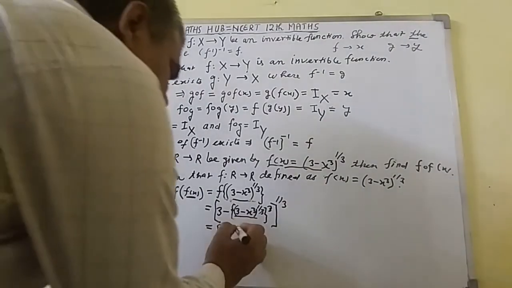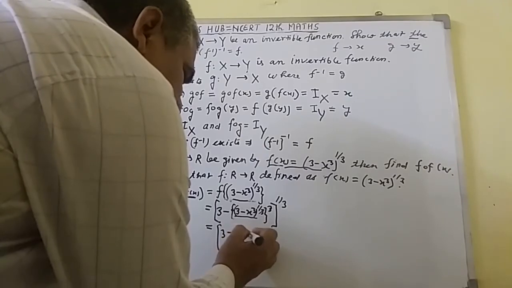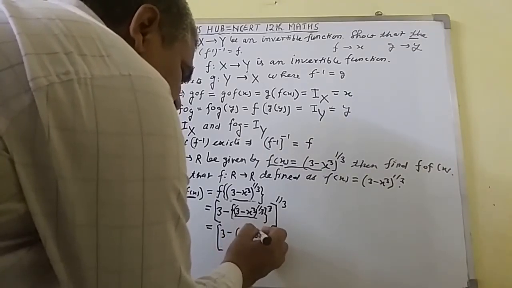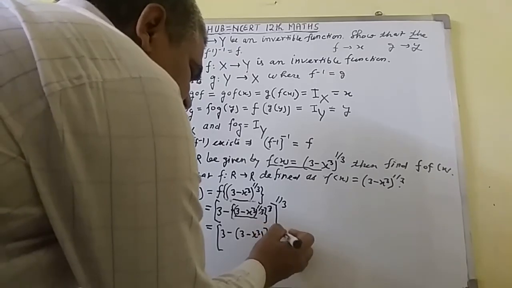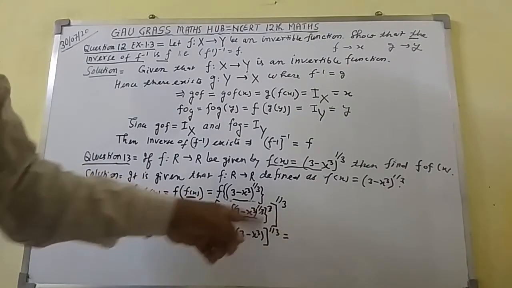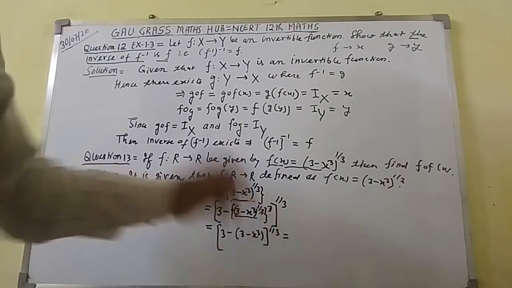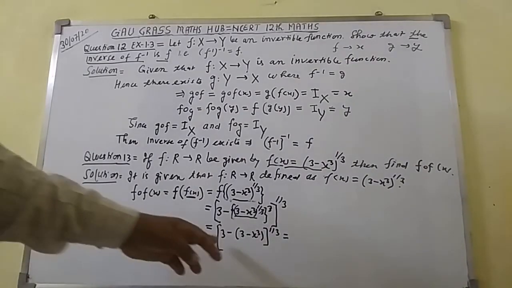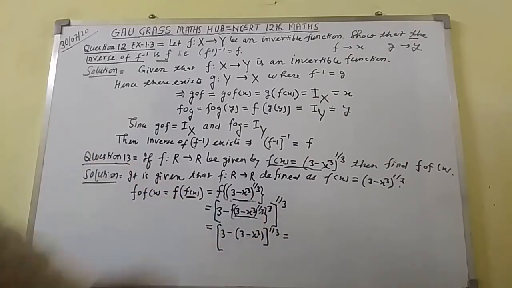So we get 3 minus, in bracket, (3 minus x cube), whole raised to power 1/3, because 1/3 is a power and 3 is also a power. So both powers will be cancelled out. So we will get 3 minus (3 minus x cube), the whole raised to power 3 cancelled out, whole raised to power 1/3.